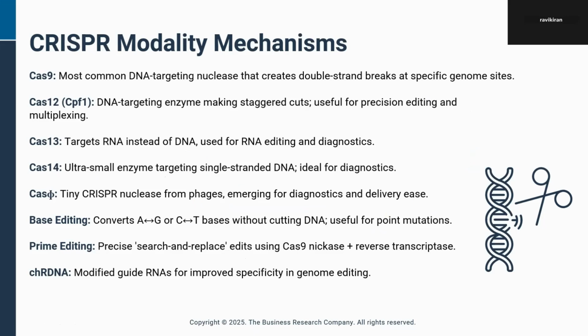Cas9 is most commonly used. Cas12 is used for some diagnostics. Cas13 as well in diagnostics. And there are other base editing tools only to change one base pair within the gene rather than changing a complete gene or a fragment of the DNA sequence.